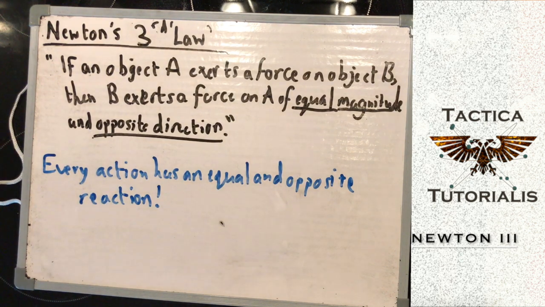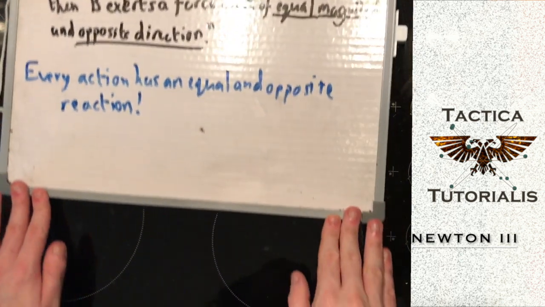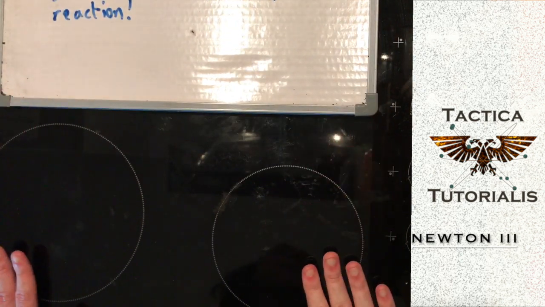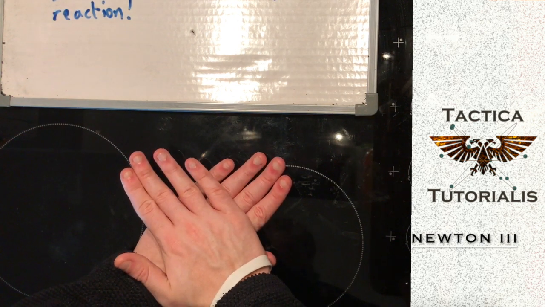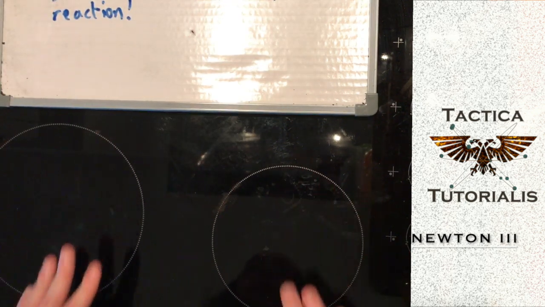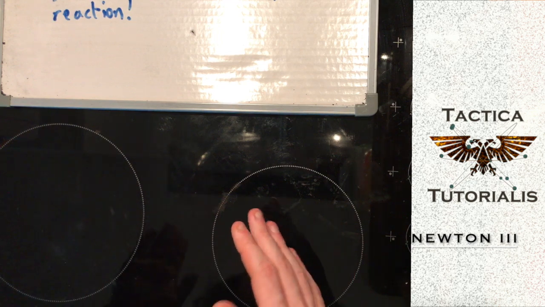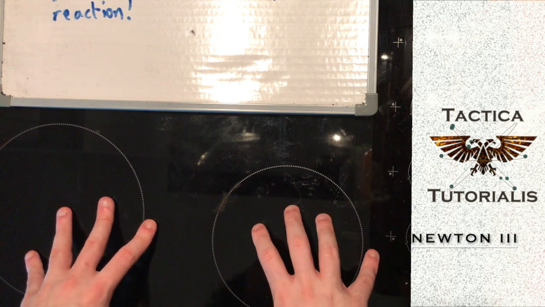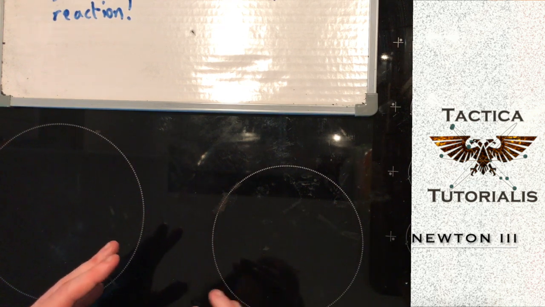So, the best way that I can demonstrate this is for you to do this at home. So, go find anything. In fact, I'm going to spoil the trick of the trade. I do these videos on my hob because it's the best lit area of my flat that I can stand at. If you push on that surface, it could be on the wall, it could be on the floor, it could be on the chair you're sat on, the table in front of you, your computer or your phone even, push on it and you will feel that the object pushes back against you.